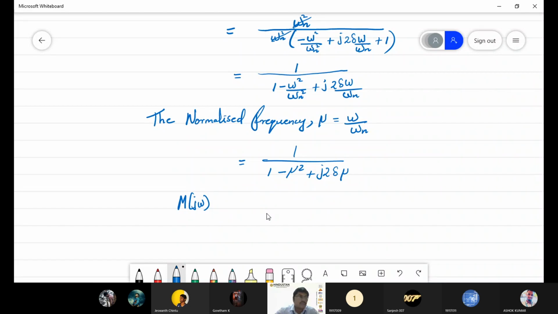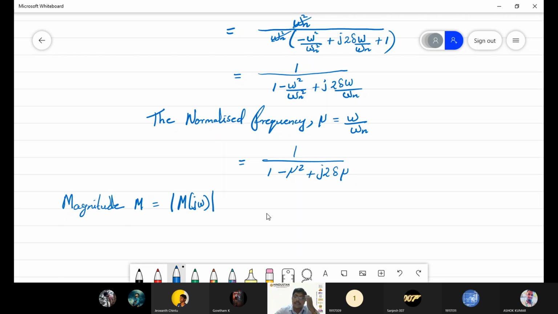So as per our textbook, the magnitude M is equal to the modulus of M of j omega.